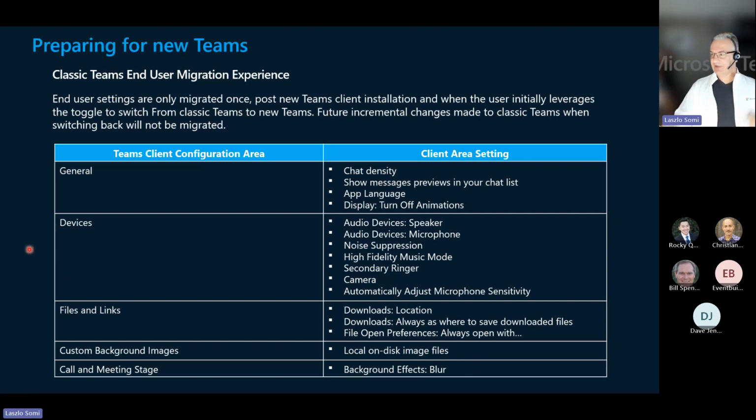We will try to add to this list as we move forward, but in the current state, these are the items that will migrate over to the new Teams. Pretty simple. Keep in mind it will only happen once, the first time the user launches the new Teams client. After that, they can adjust whatever settings they need to. But if they go back and forth, they need to set it on both clients.